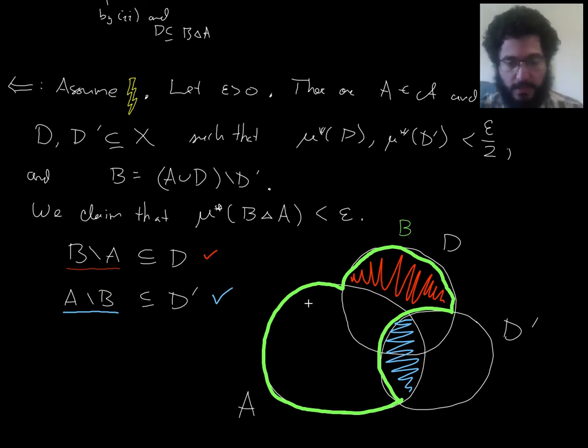So now, remember our claim is going to be that the outer measure of B symmetric difference A is less than epsilon. Well, B symmetric difference A is the union of the red and the blue, right? And now we're seeing that that's contained in the union of D and D prime.